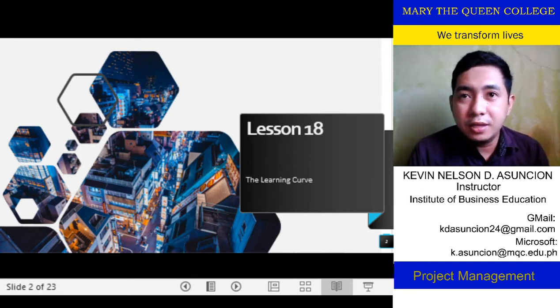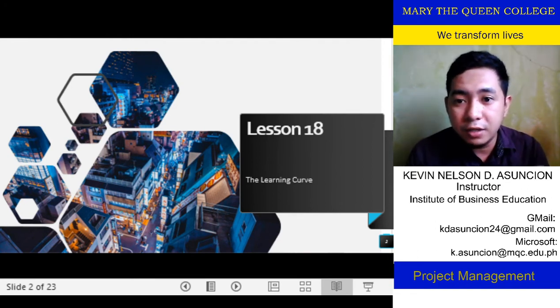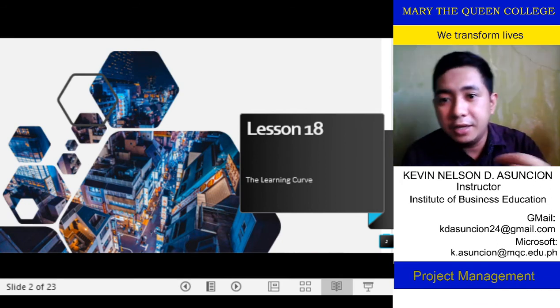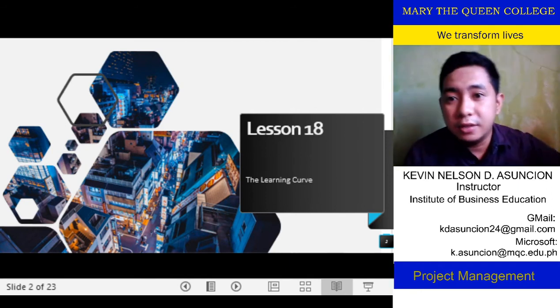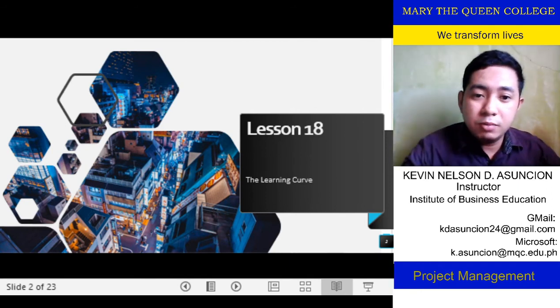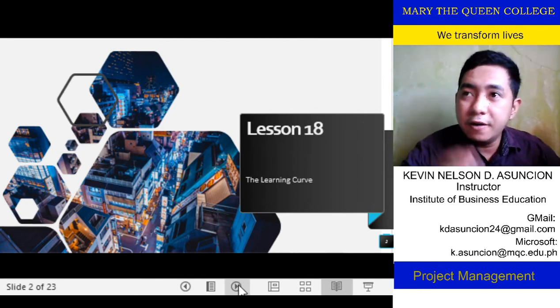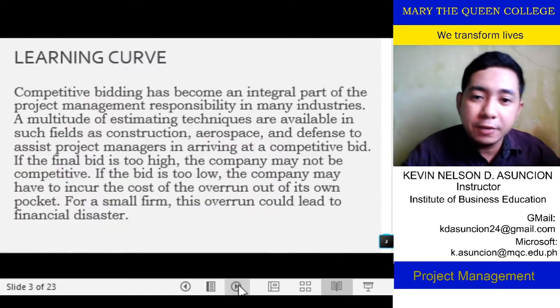So, kung dati, it takes time para mag-drawing ka or magsulat ka, nung bata ka pa, ang tagal mo magsulat. Now, bilang matured or as an adult individual, you can create an essay, or you can answer those questions that is relevant to that learning curve idea. So without much further ado, let's discuss learning curve and its relationship in project management.